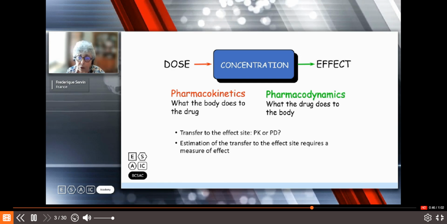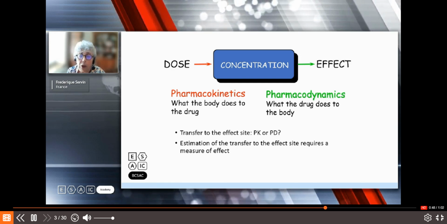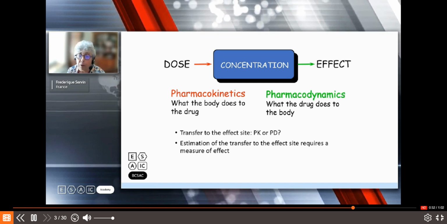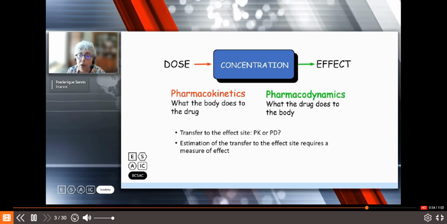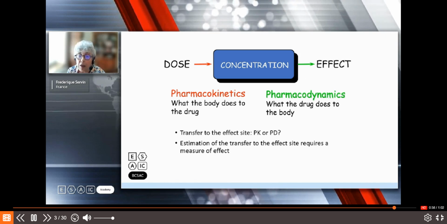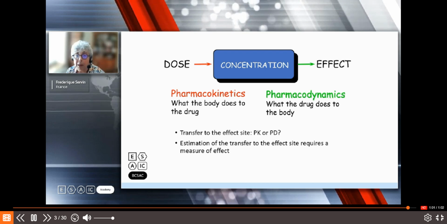There is a sort of gray zone, which is a transfer to the effect side, because obviously this transfer is pharmacokinetics, but you have to estimate the effect, and this is a pharmacodynamic parameter.